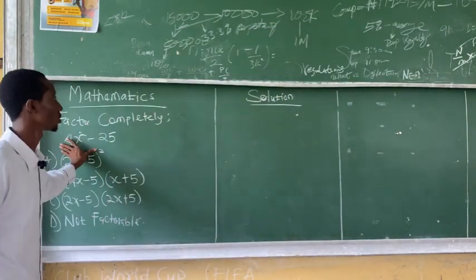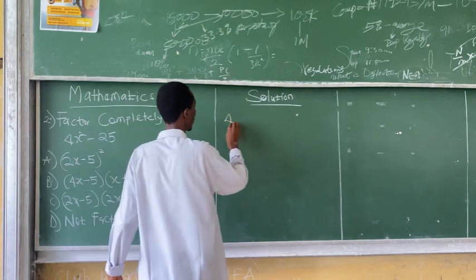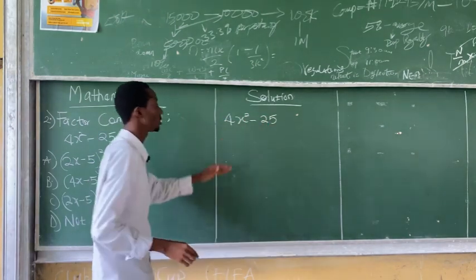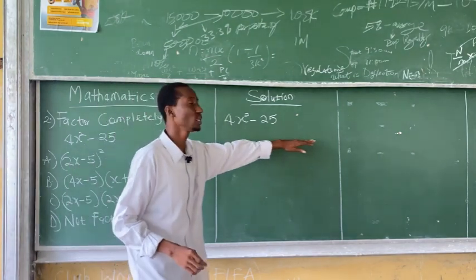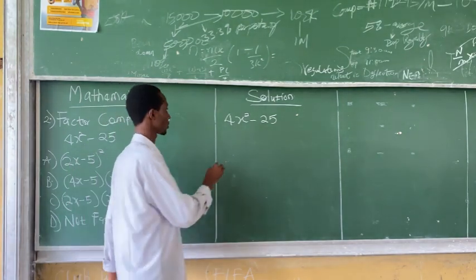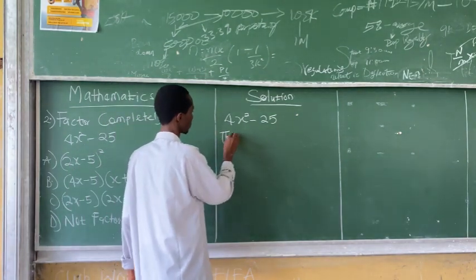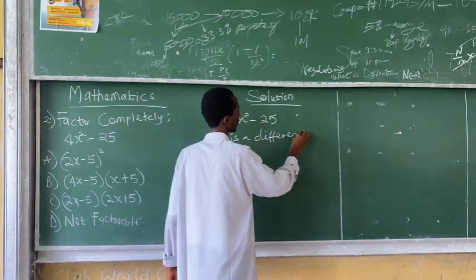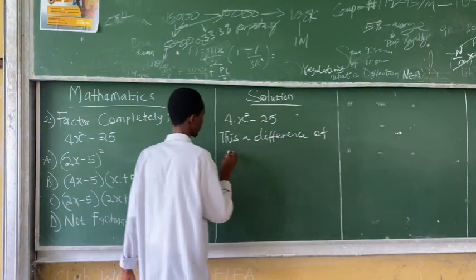Looking at this equation, 4x squared minus 25. This is completely a difference of two squares.